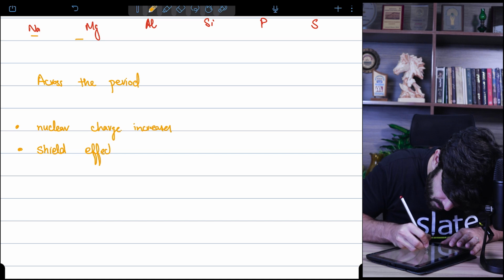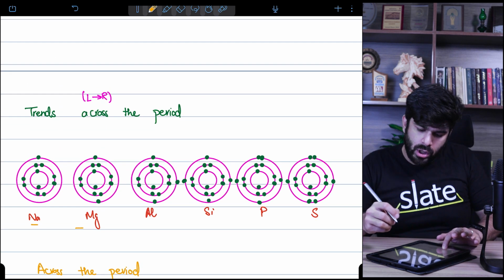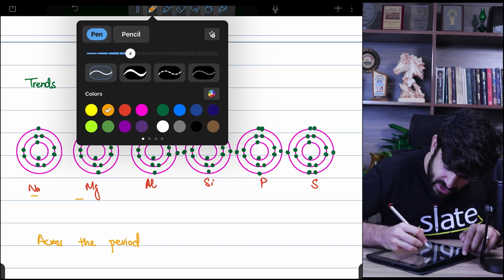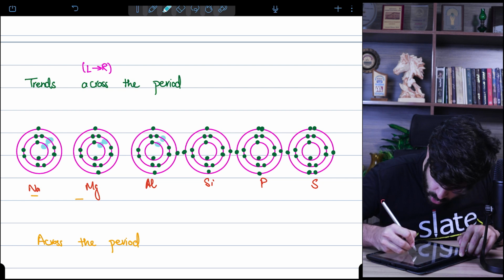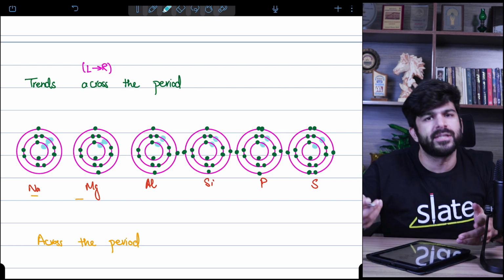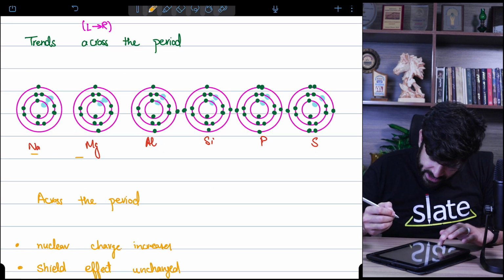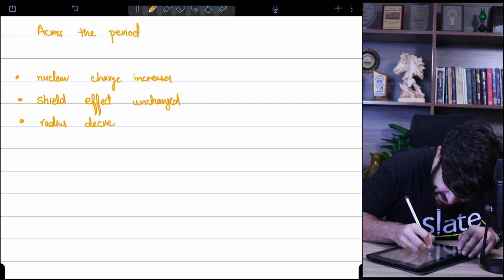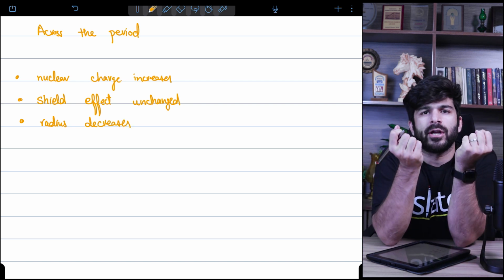Why? The shielding effect is unchanged because all elements in one period have the same inner shells. Look, 1, 2, 2 complete shells in period 3. So the shielding effect remains unchanged. And the radius across the period decreases because there is a stronger attraction.